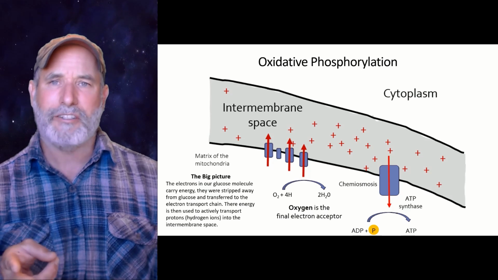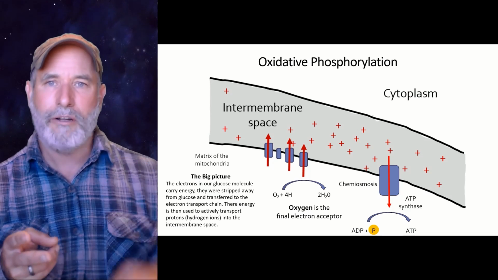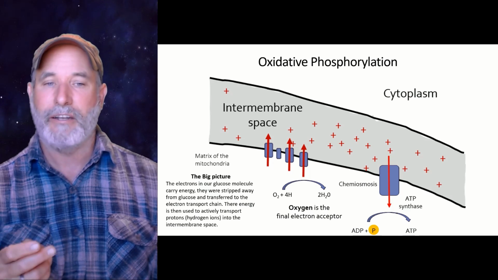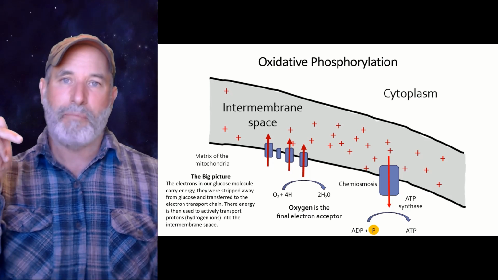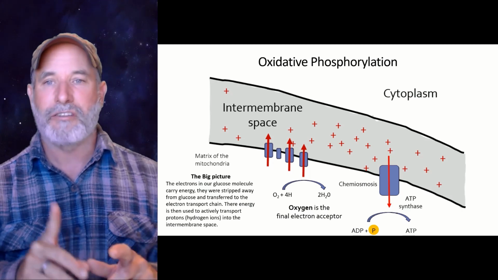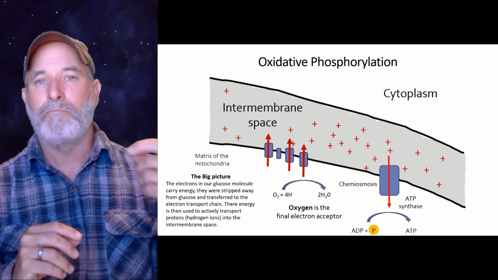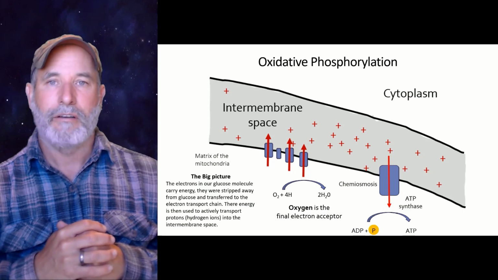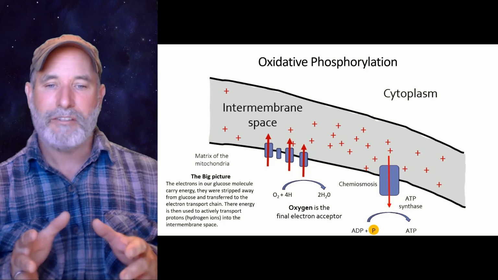And then complex 2, which is that smaller one, oxidizes FADH2 to FAD. And then the electrons are going to get pulled down in energy as they go down the electron transport chain. And you can see the little red arrows. They are used to pump hydrogen into the intermembrane space. Okay, that's important, right?